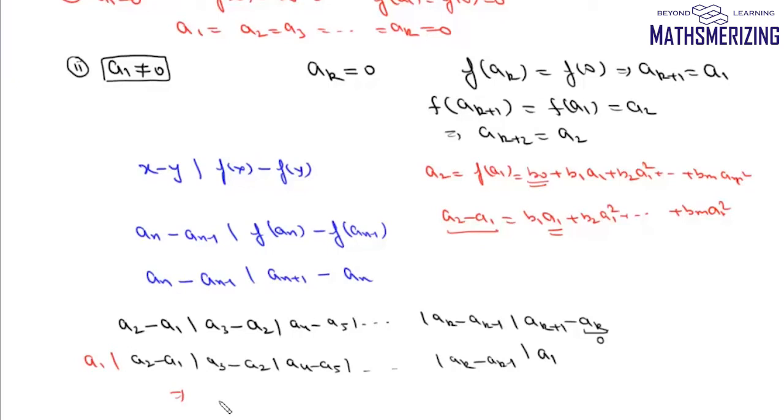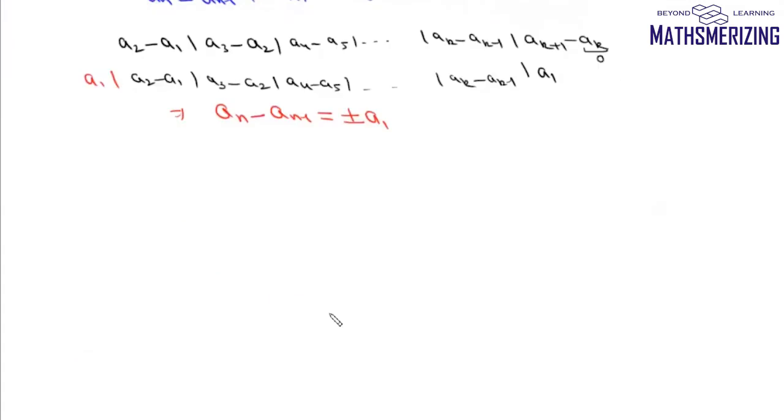So for any value of n, an minus an-1 must be plus or minus a1. Now we'll write a1 minus 0, plus a2 minus a1, plus a3 minus a2, and so on, plus ak minus ak-1.